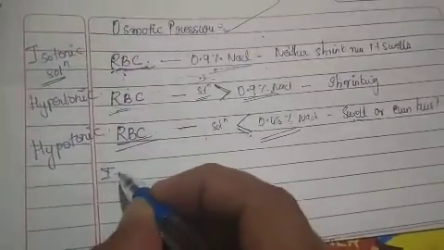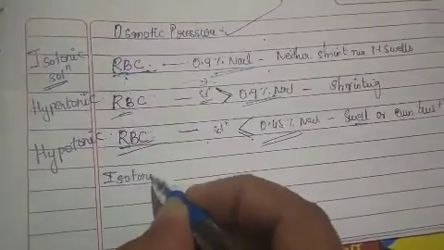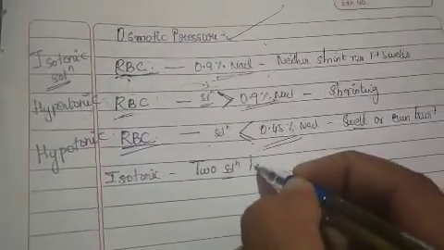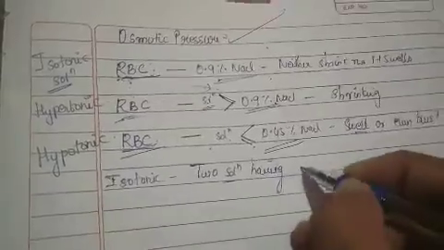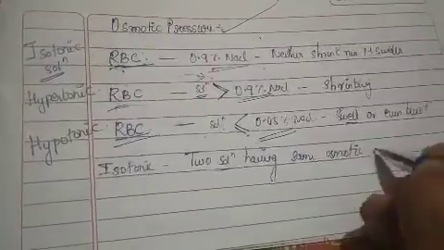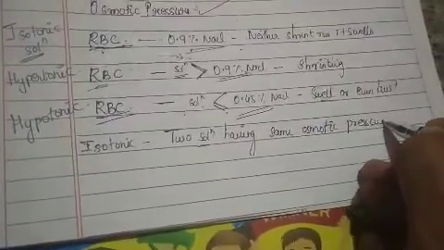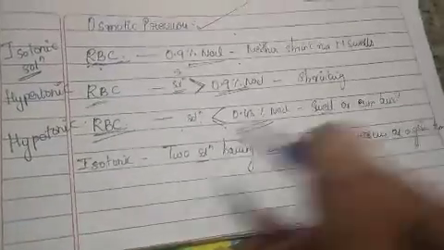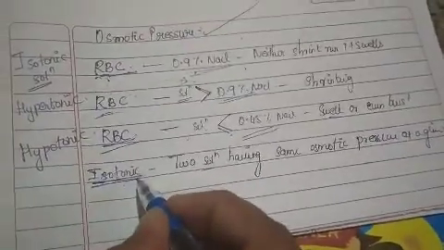Remember, isotonic solution means two solutions having the same osmotic pressure at a given temperature. Such solutions are called isotonic.